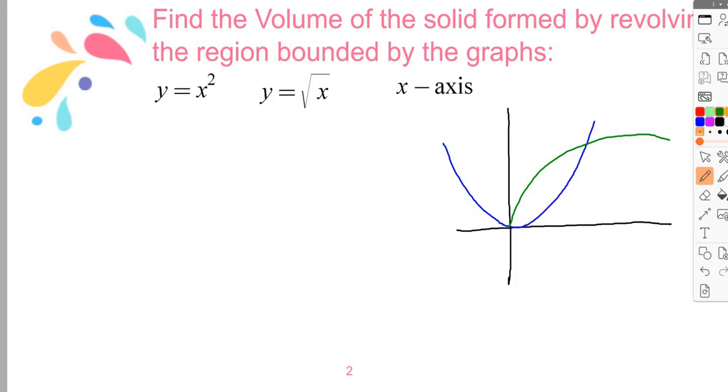So notice that we are rotating around our x-axis. Agreed? And my stuff in between there is what we are rotating.